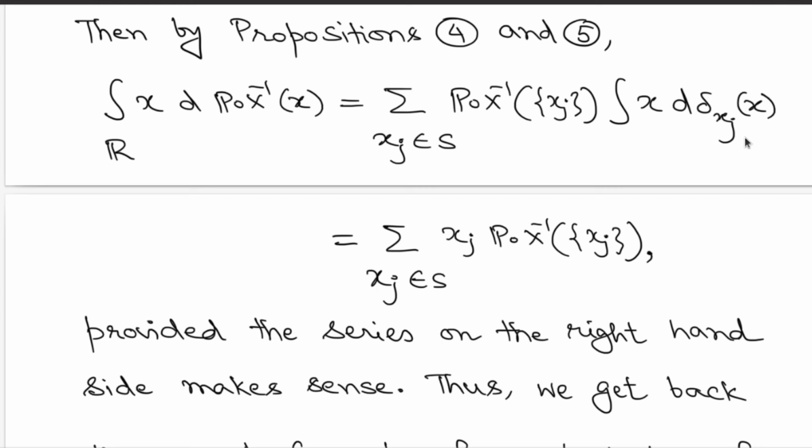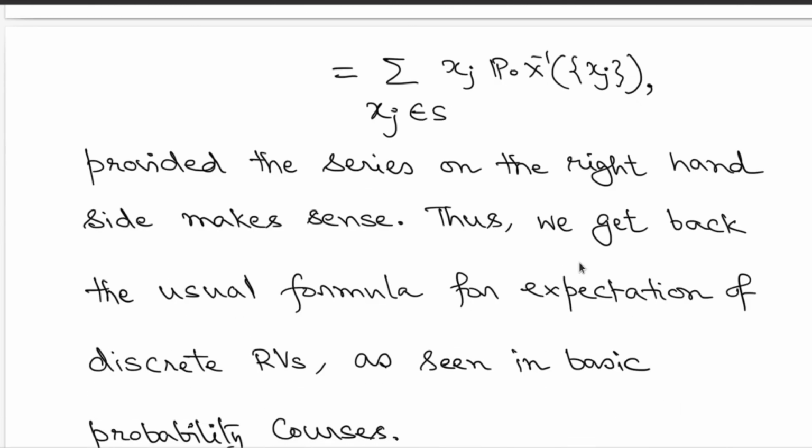And for Dirac masses, if you want to integrate any measurable function, all you have to do is to evaluate that function at the point where the Dirac mass is situated, and therefore integration of the identity function over this Dirac mass xj is nothing but xj. This is just the evaluation of the identity function at the point xj, that's all. Therefore you get back your familiar series expression for expectation of discrete random variables. So this is the exact same expression that you have already seen in your basic probability course.